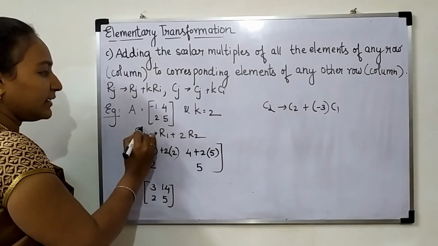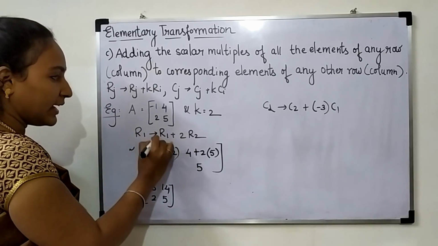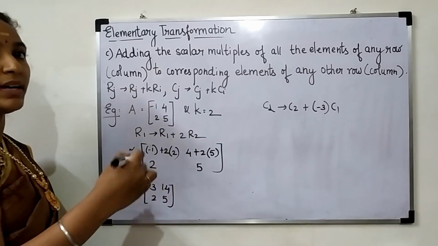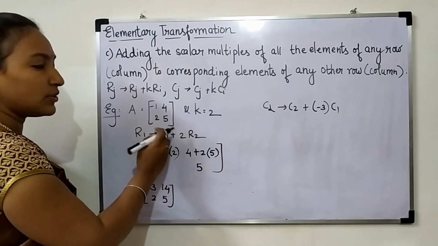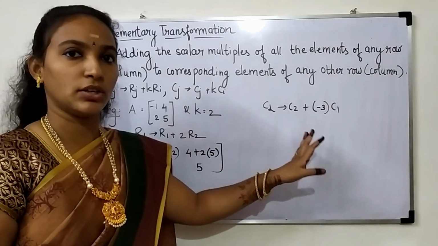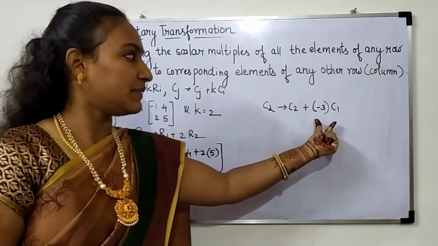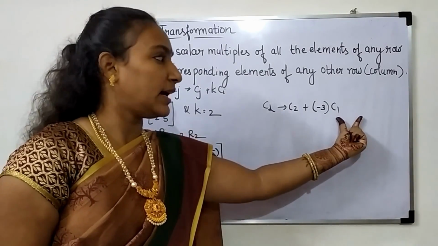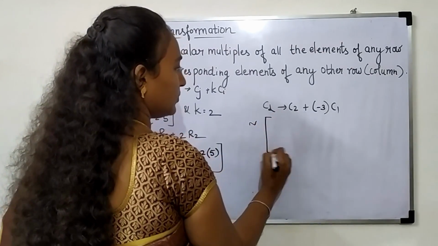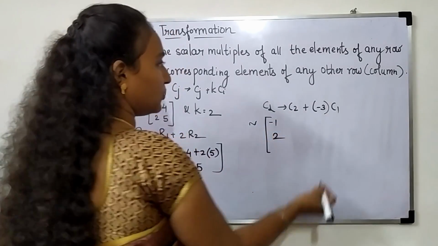We have to write the row where the operation is to be performed here. Then again R1 plus the scalar and which row we are going to take, that is R2, R3 and so on. Similarly, we can do it for the column. We are going to perform the operation on column 2. Our scalar is -3 and here we have C1. So C1 remains as it is, -1, 2.